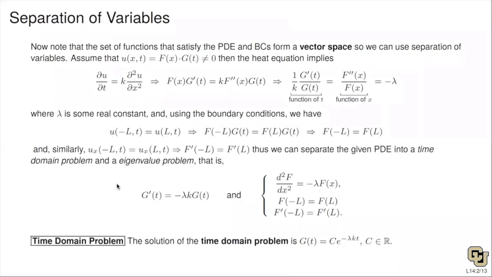Using the ODE technique of separation of variables, we can show that the solution of the time domain problem is this exponential function c times e to the minus lambda kt, where this lambda is what links it up to the boundary value problem, the eigenvalue problem. So we're going to solve the eigenvalue problem now to find lambda and then do a product solution and combine everything.